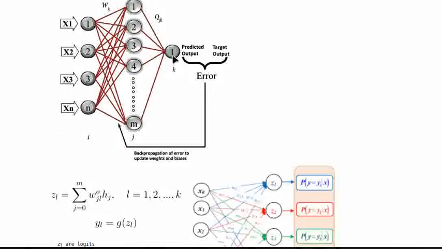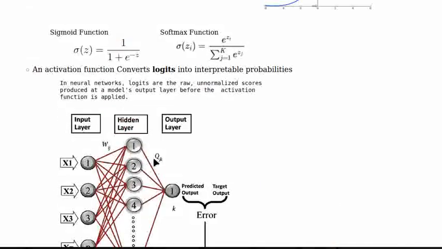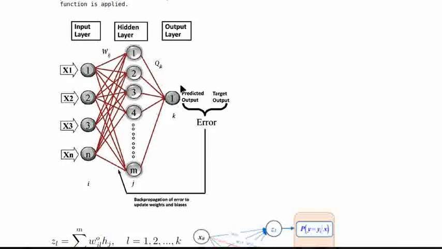Now, at the output layer, we calculate this CL using this formula, and this CL is called a logit, and this is the CI here. So it is done at this layer.